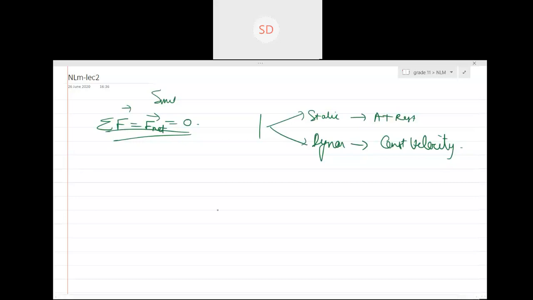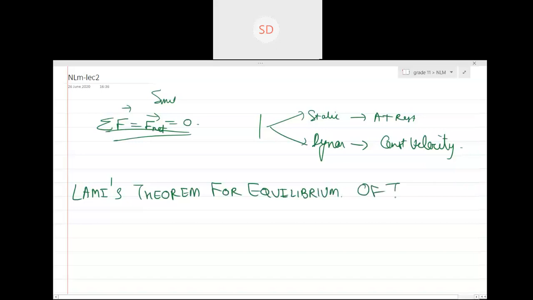Okay. Now there is something called Lami's theorem for equilibrium of three forces.